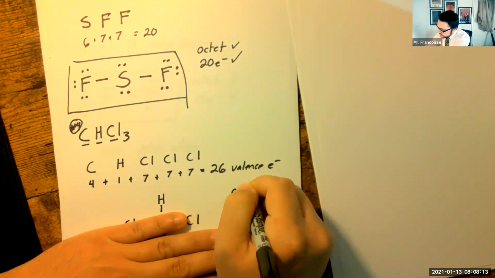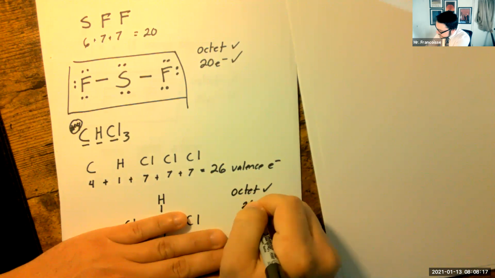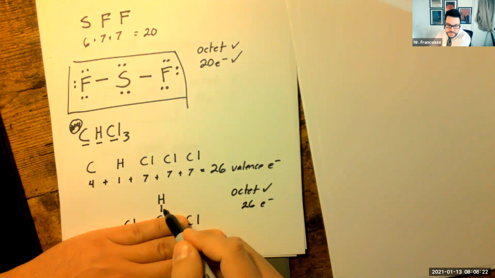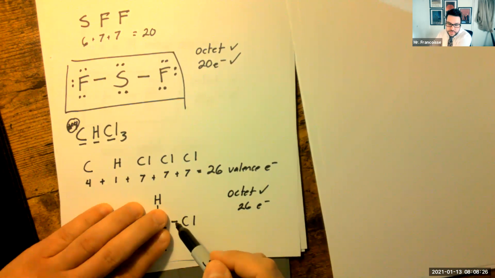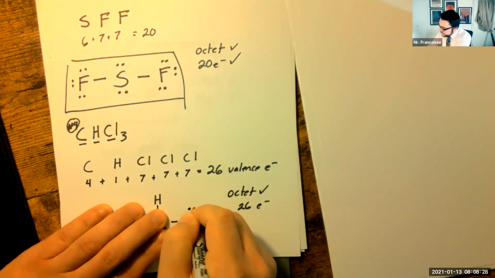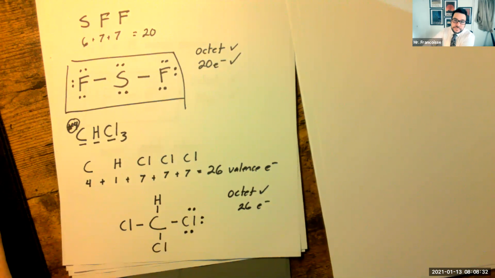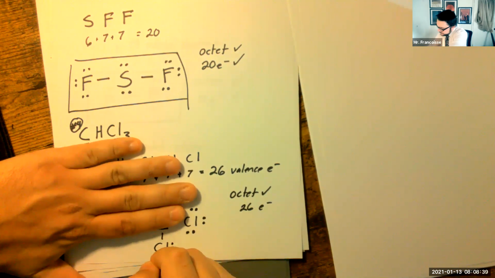So let's take our octet and 26 electrons. Hydrogen has 2 here, and that's complete. Chlorine has 2, 4, 6, 8. Chlorine on the bottom has 2, 4, 6, 8.